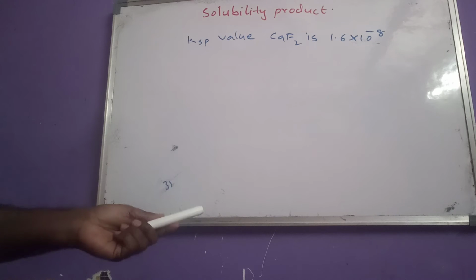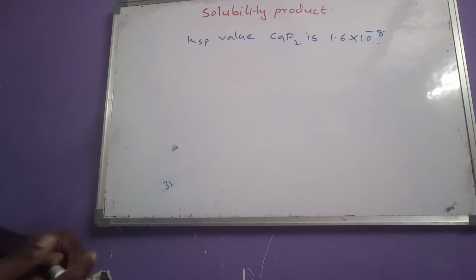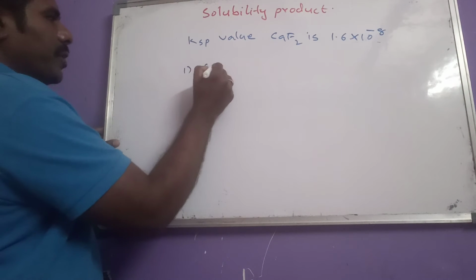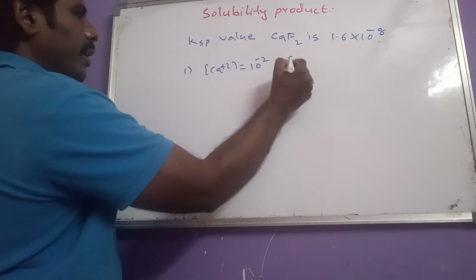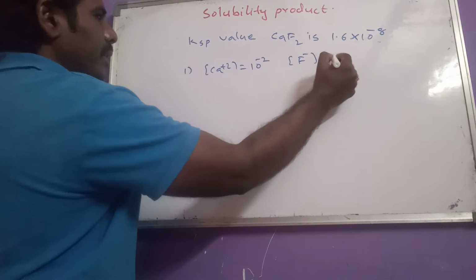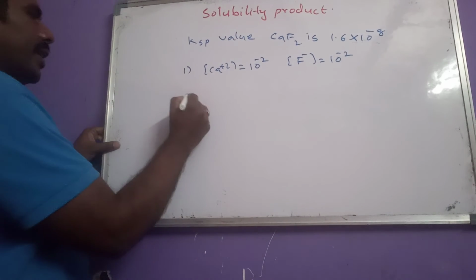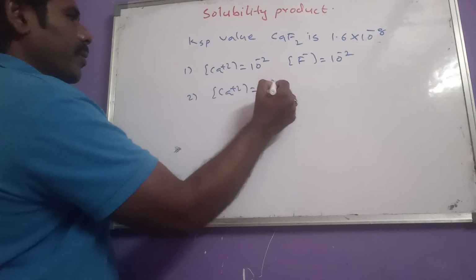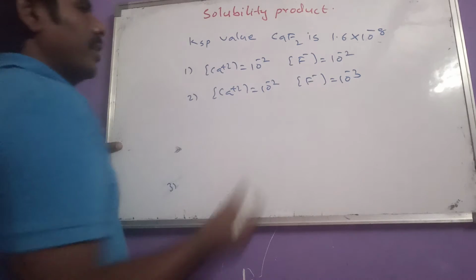At which of the following concentrations is a precipitate obtained? So now they give the options like this. First option, Ca plus 2 concentration 10 power minus 2, F minus concentration 10 power minus 2. And the second option, Ca plus 2 10 power minus 2, F minus concentration 10 power minus 3.